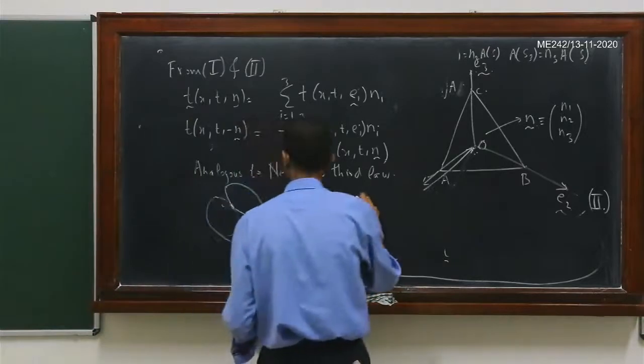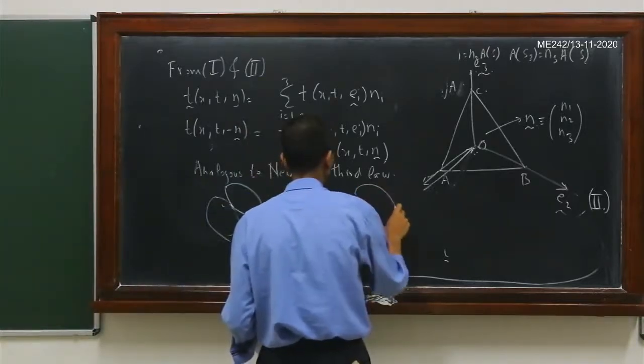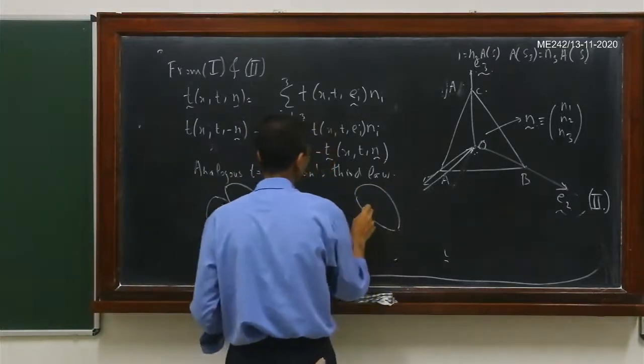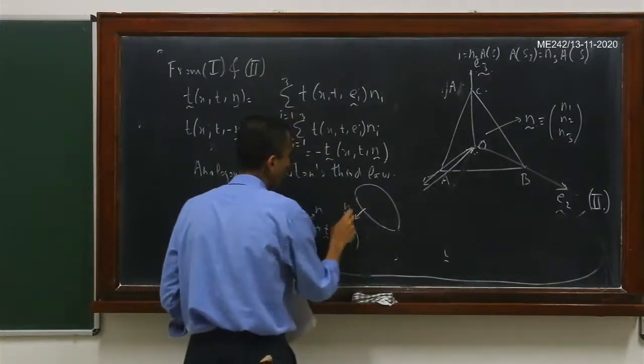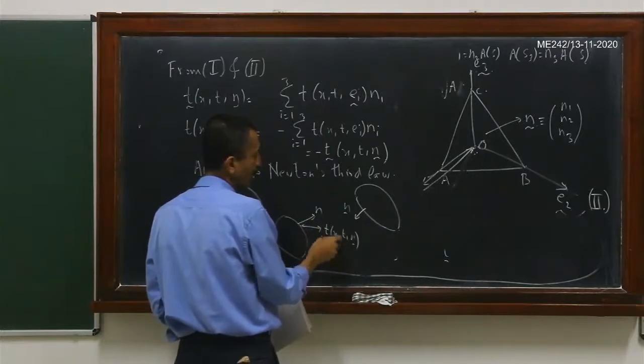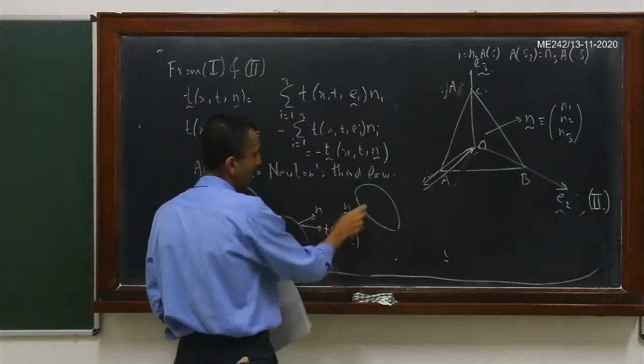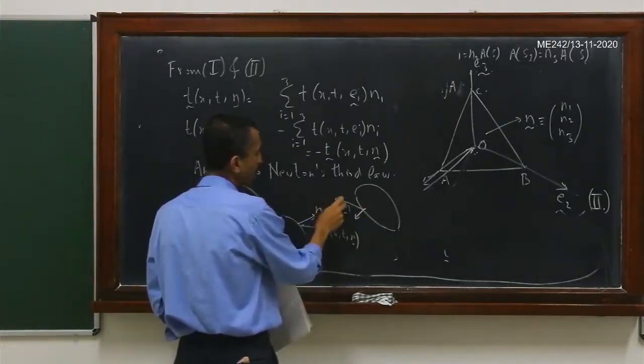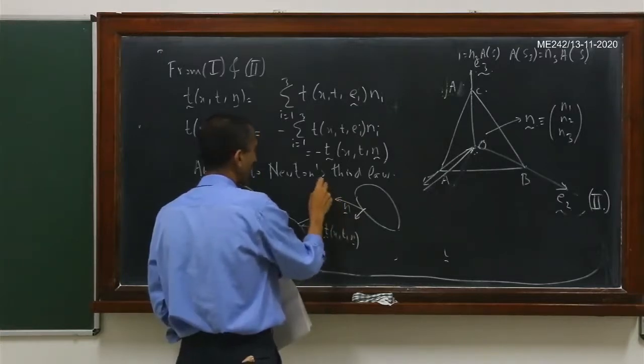For this other body that I have drawn here, you now have an equal and opposite normal, and an equal and opposite traction. If this traction is acting in this particular way, there is an equal and opposite traction acting on this particular body here.